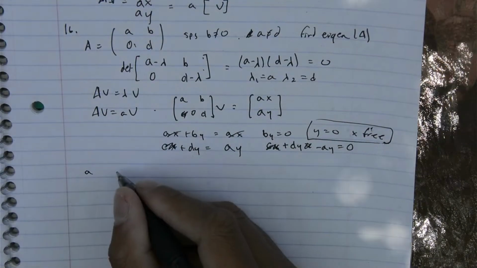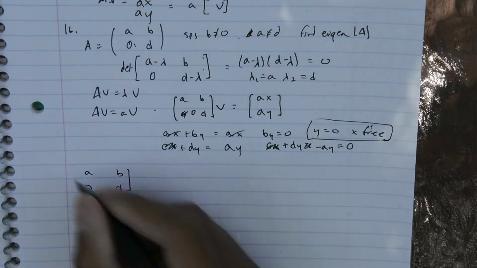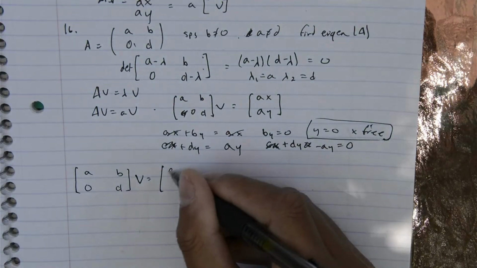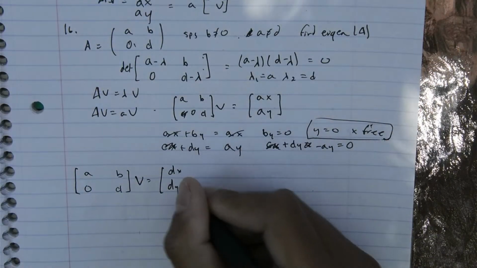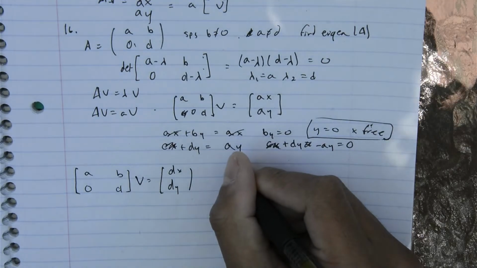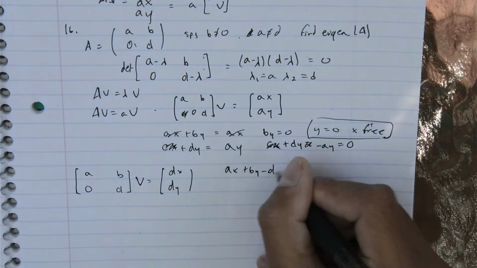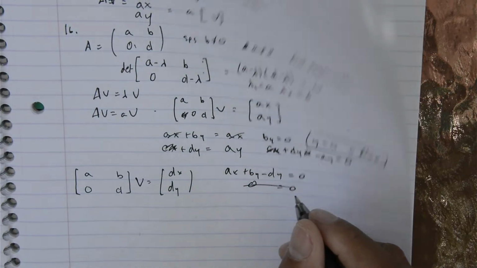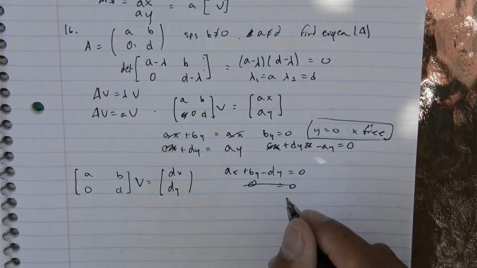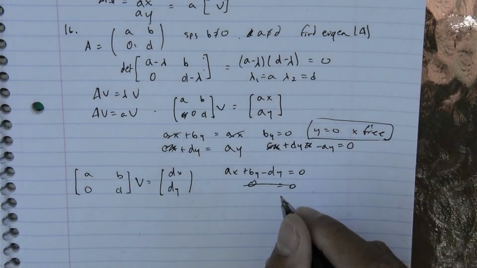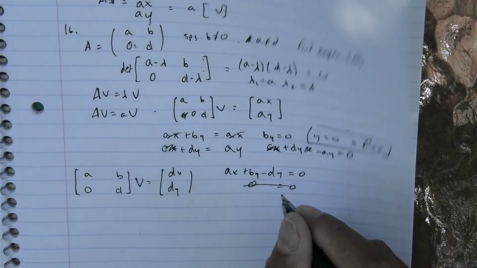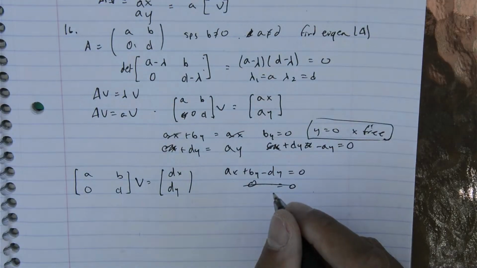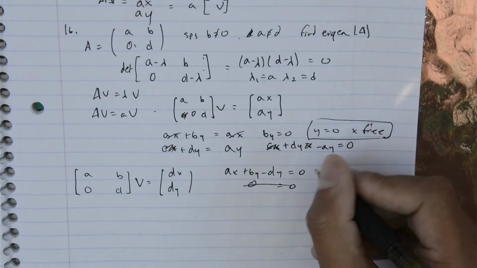Now we have A, B, 0, D times V is equal to, this is going to be dx and dy. So then we're going to get ax plus by minus dy is equal to 0, and then we're going to get 0 equals 0. I don't know. Oh, wait, you know what we're going to do? I know what to do.